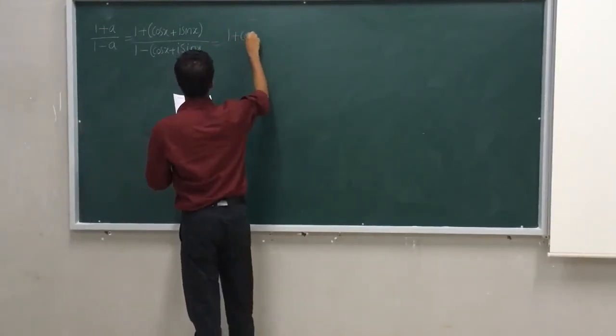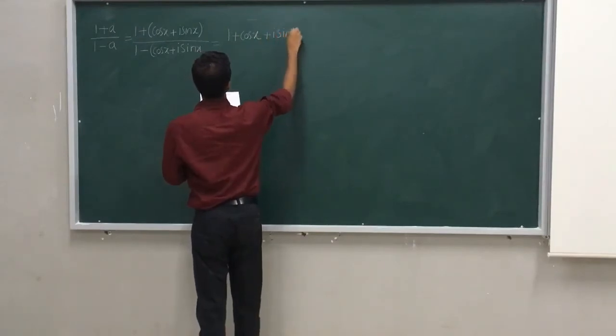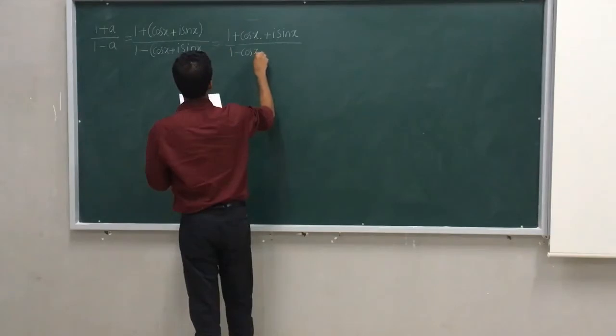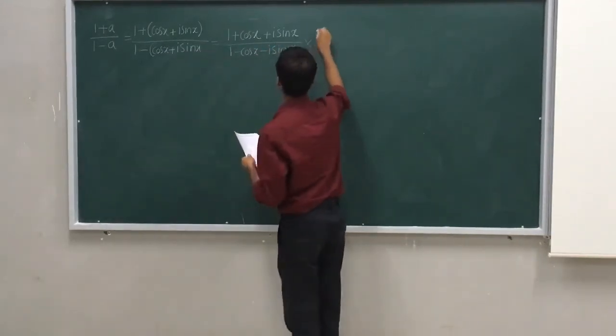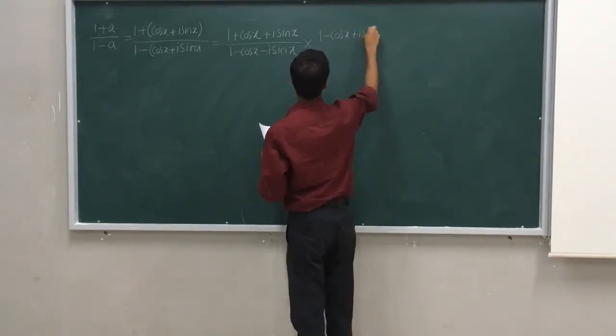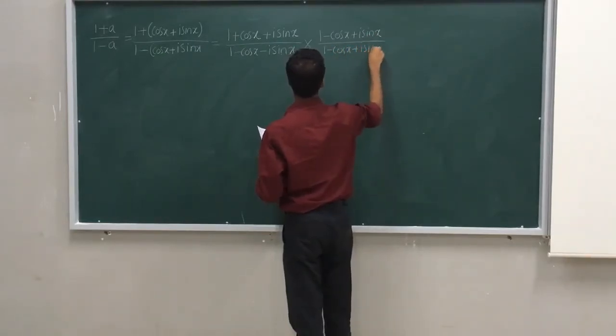Let me write it as 1 plus cos x plus i sin x, divided by 1 minus cos x minus i sin x. I'll multiply it by 1 minus cos x plus i sin x divided by 1 minus cos x plus i sin x.